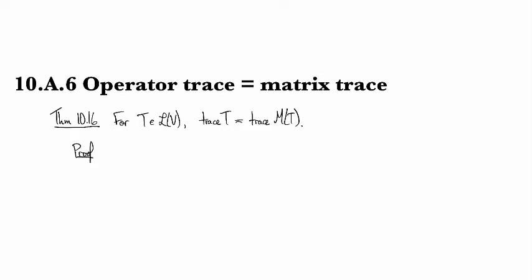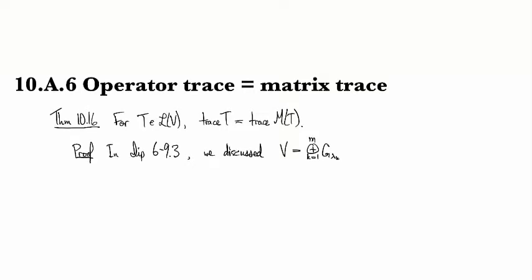Okay, so for the proof of this, if you recall, in clip 69-3, we discussed the decomposition of V into the direct sum of the generalized eigenspaces. So there's G lambda k, the generalized eigenspace for the kth eigenvalue.